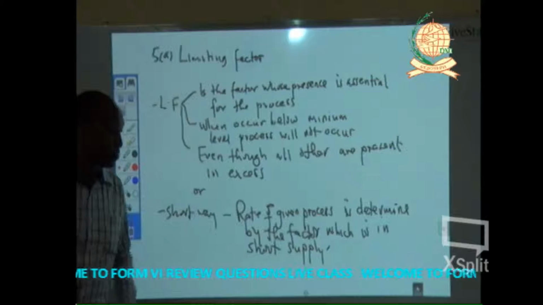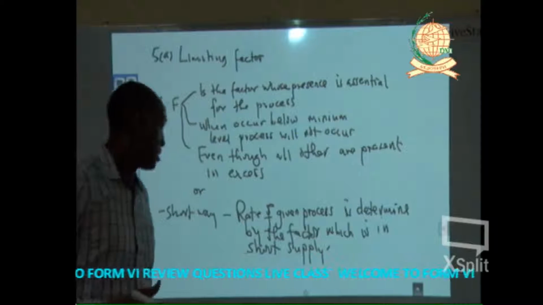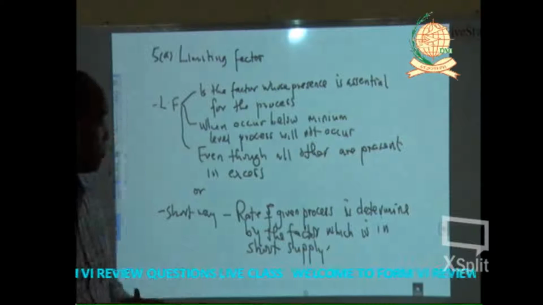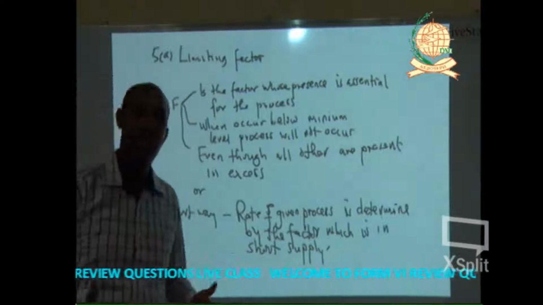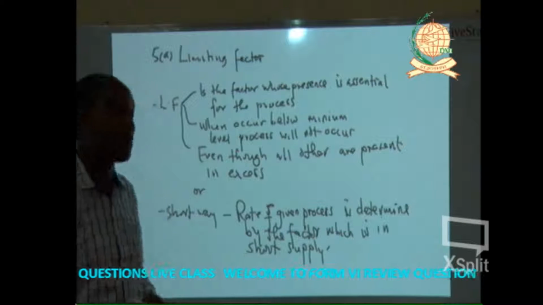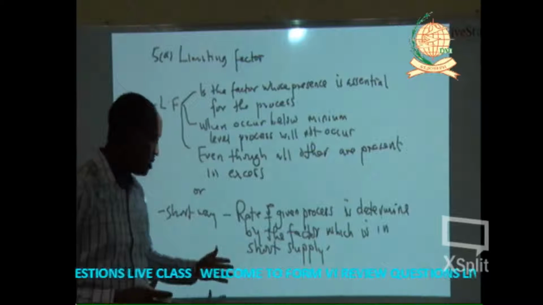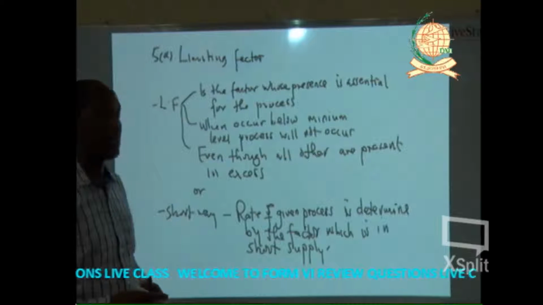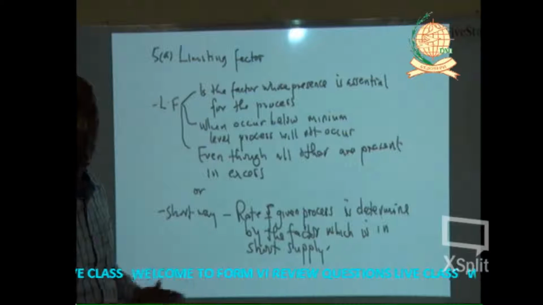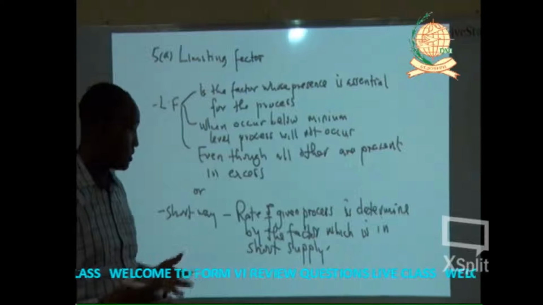For example, assume that the carbon dioxide in photosynthesis is enough, there is enough light, but the temperature is below 0 centigrade. The temperature there will act like a limiting factor, because the process will not occur because of only the temperature which is below.